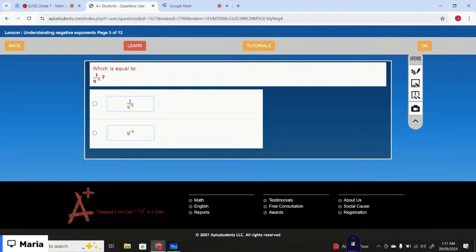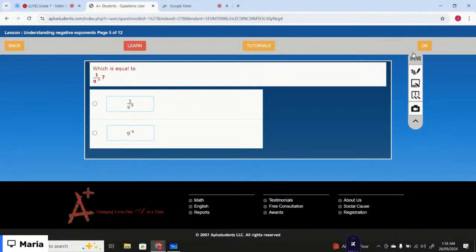Which is equal to 1 divided by 9 exponent 8, which is the correct option. The correct option is option number 2, right?